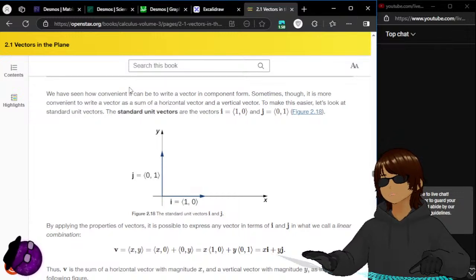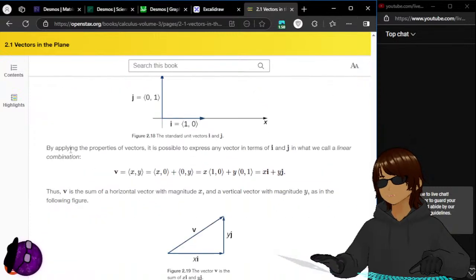We have seen how convenient it can be to write a vector in component form. Sometimes though it is more convenient to write a vector as a sum of a horizontal vector and a vertical vector. To make this easier, let's look at standard unit vectors. The standard unit vectors are i and j. So i is one unit in the x direction and j is one unit in the y direction.